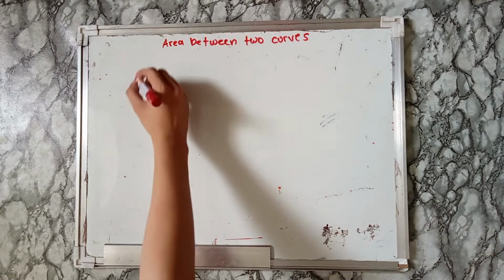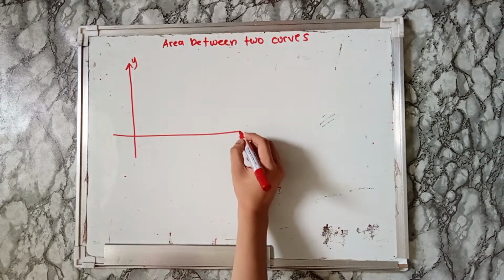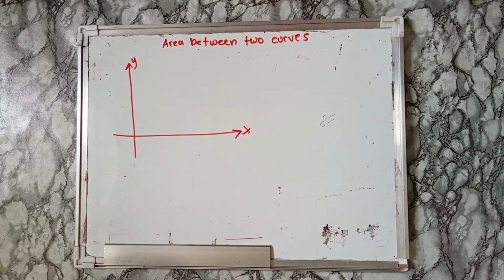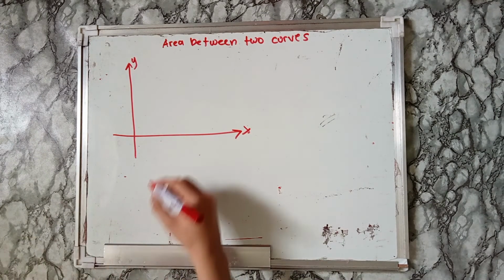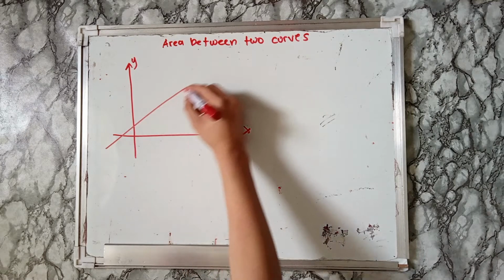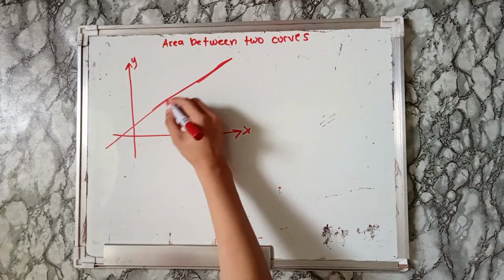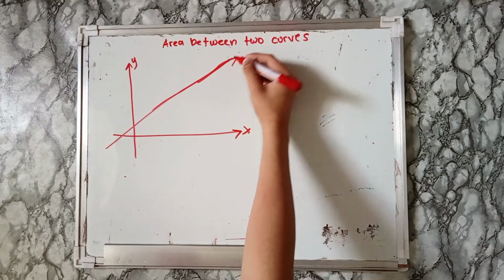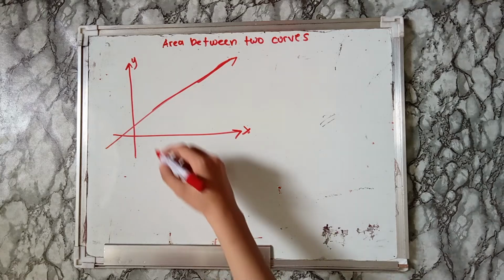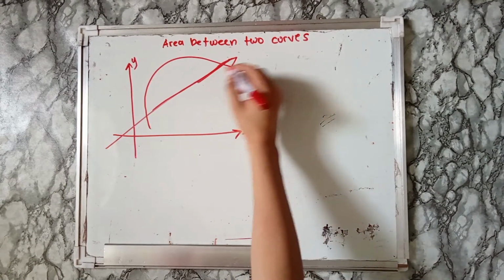Supposing we have a graph here. This is y, this is x. And we have a line passing through something like this. Supposing this is a straight line. And we have a curve passing through the line.